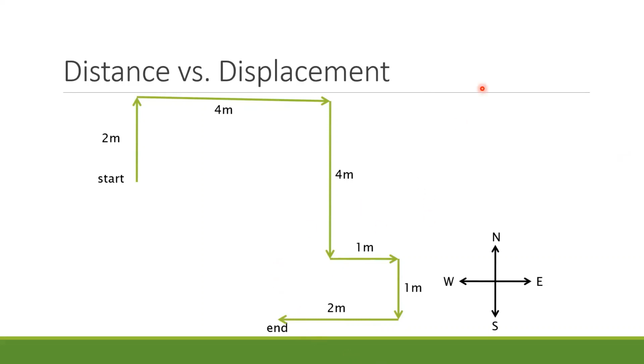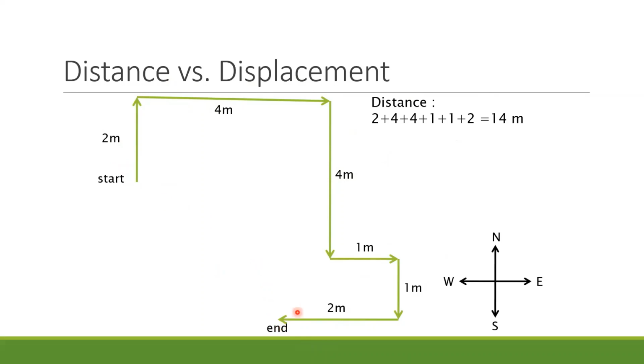Now, if I did this big long journey, I could find out my total distance traveled by adding each of these. 2 plus 4 plus 4 makes 10, plus 1 makes 11, plus 1 makes 12, plus 2 makes 14. The distance that I've traveled is 14. But how far have I traveled from the start?